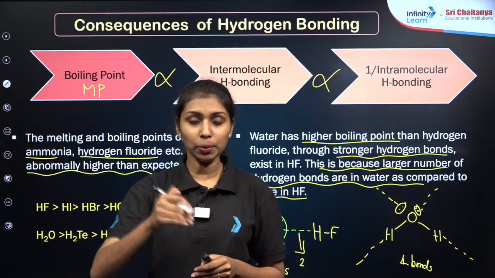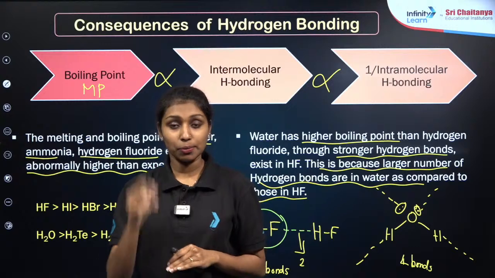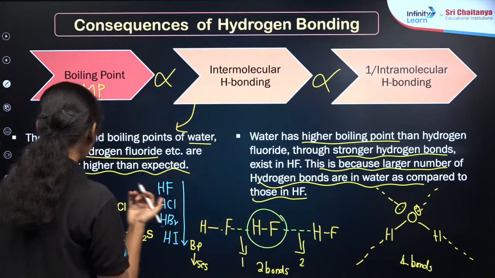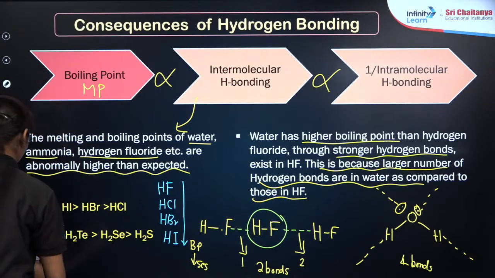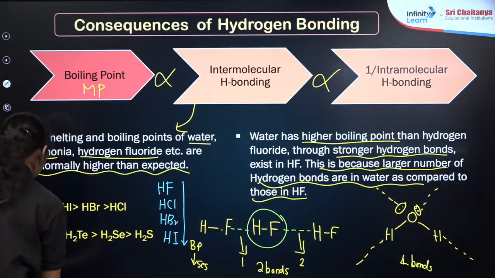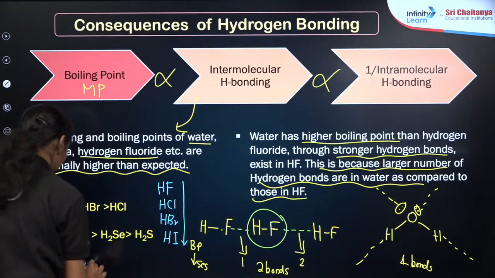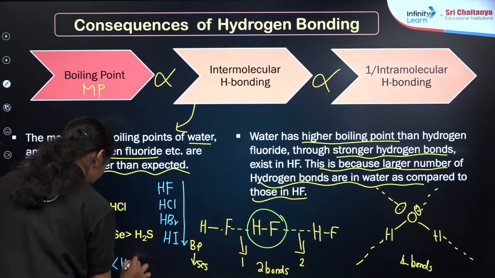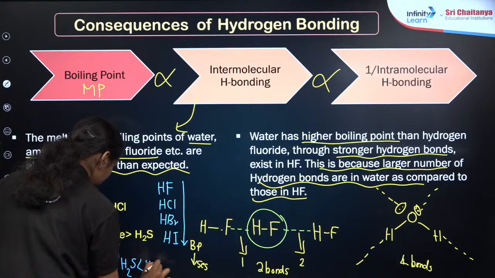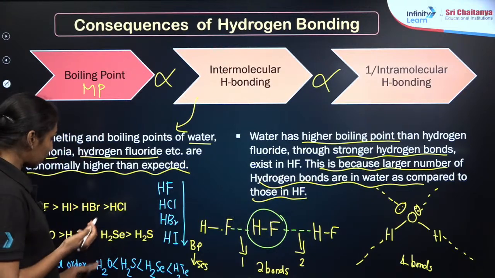Similarly, whenever we are moving down the group, the boiling point of the hydrides of sulfur, selenium and tellurium increases, so this will be the expected order of boiling point of these groups.